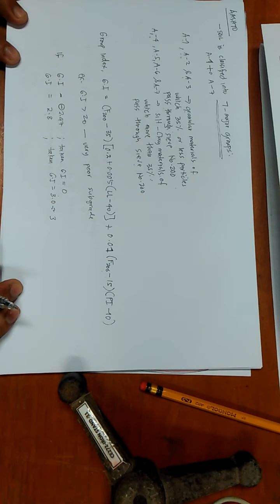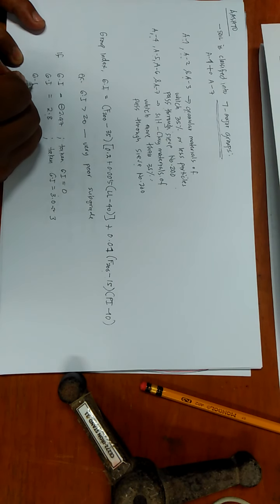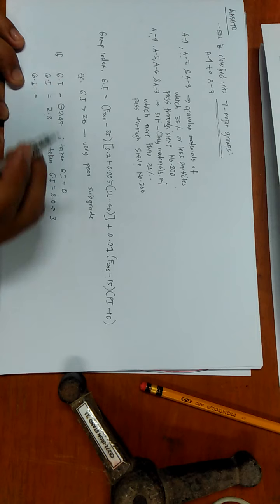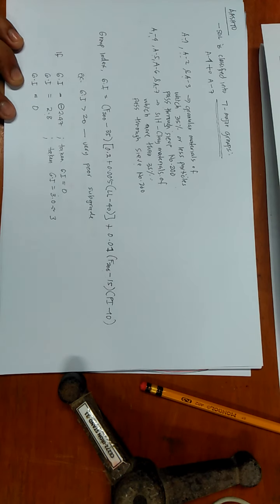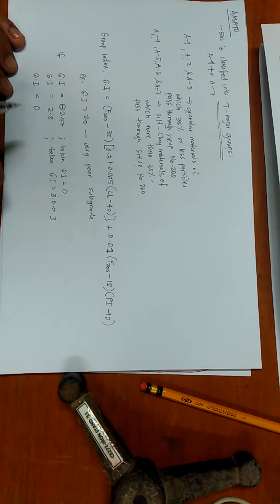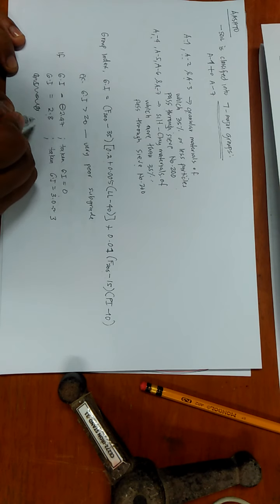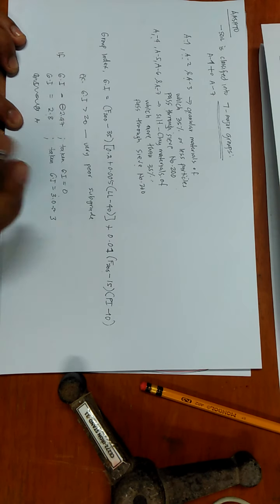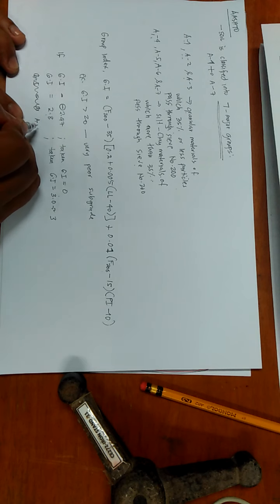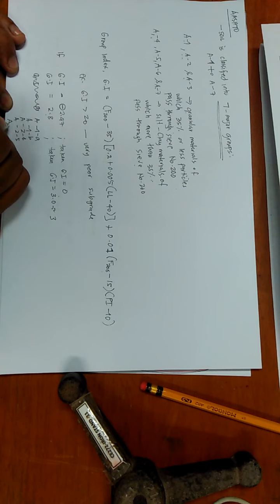So, sir, what if my GI value is equal to 0? Or meaning to say, ang classification ng soil ko is A-1-a, A-1-b, A-2-4, A-2-5, and then A-3.